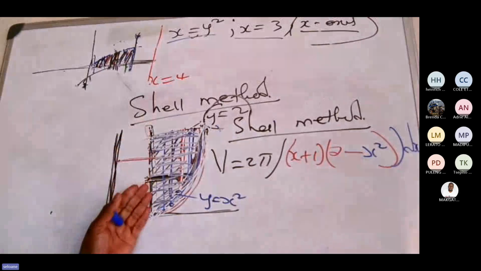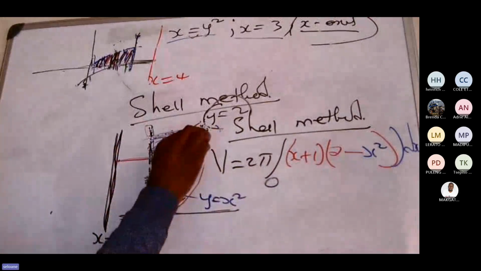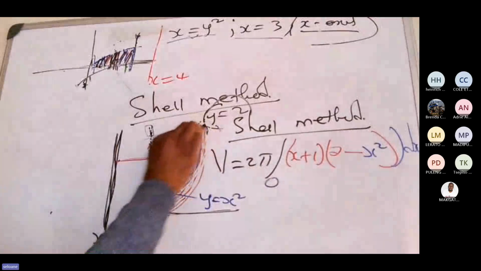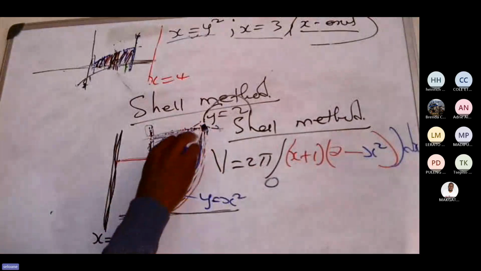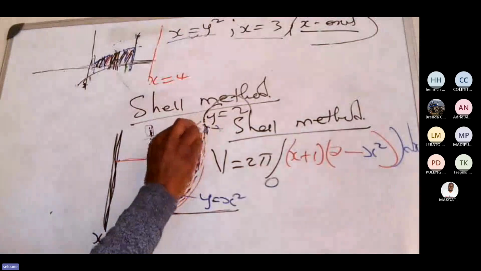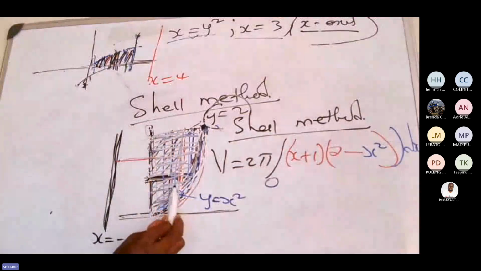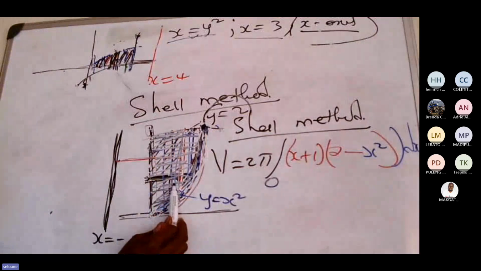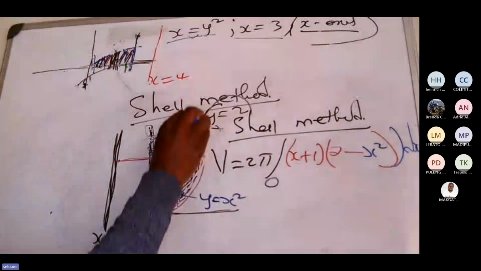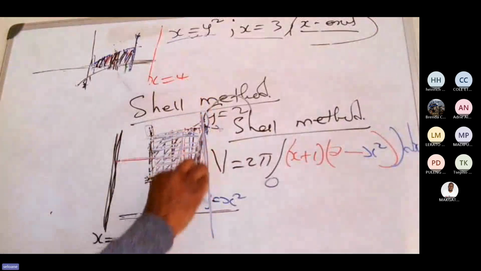Start where x is 0, until the last x, the biggest x, here. Remember, there are infinitely many x here. There's x here, there's x here, but you cannot use this because there are some other x values on this side. The last x is this one.